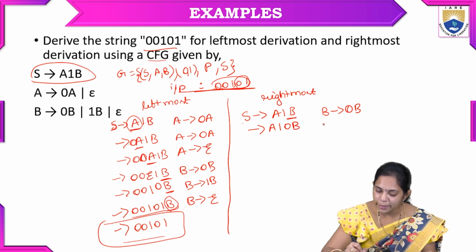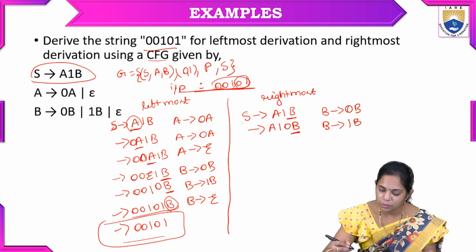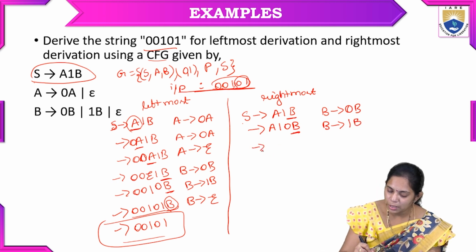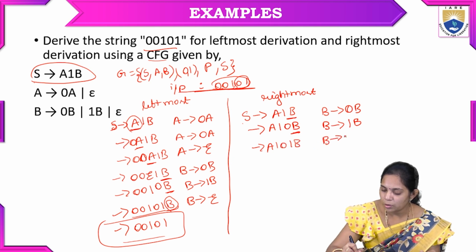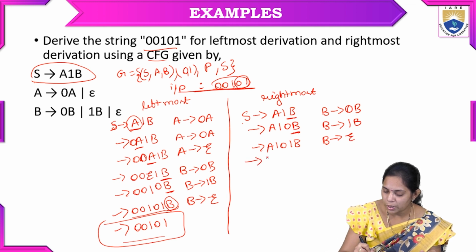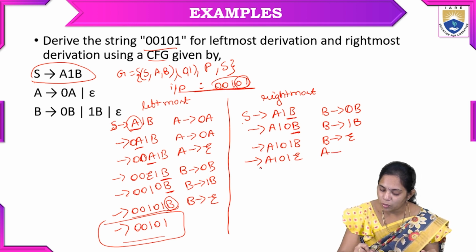We require B. B tends to the right hand side. We have to substitute 1B. If you substitute this one, A 1 0 1 B. So here B tends to epsilon. So A 1 0 1 epsilon. And after this, we have only one non-terminal.